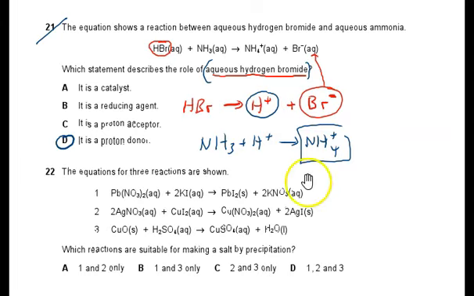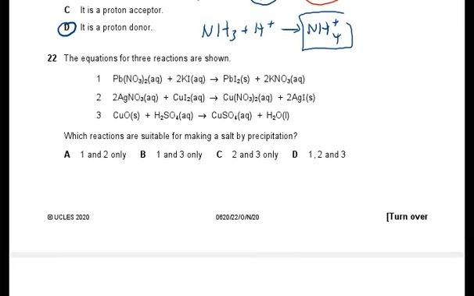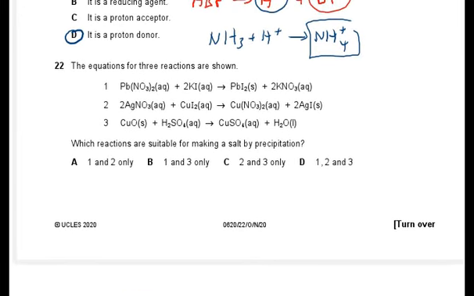Now look at 22. Here the equations for the three reactions are shown. Which reactions are suitable for making a salt by precipitation? Both of these are soluble in water.